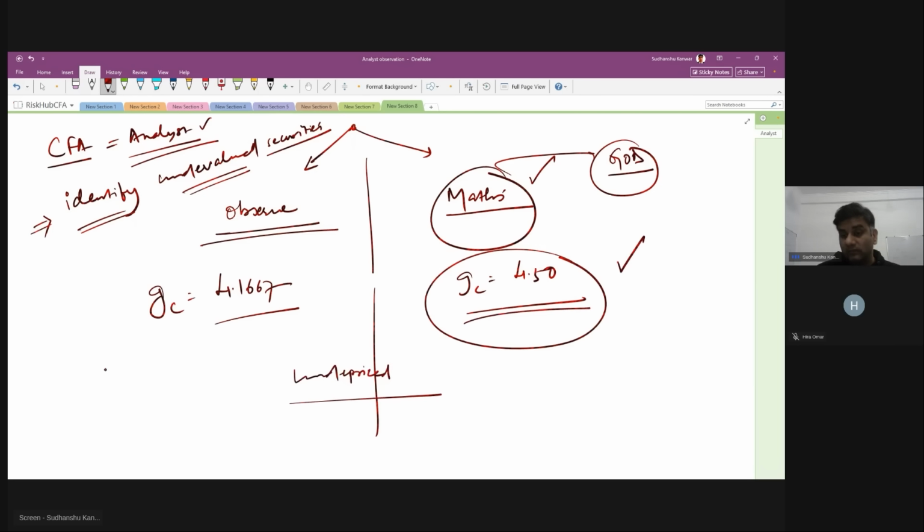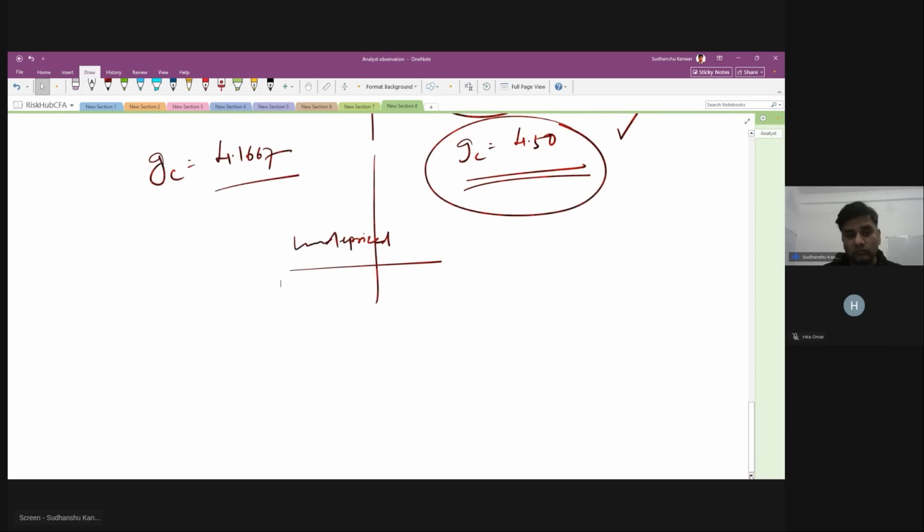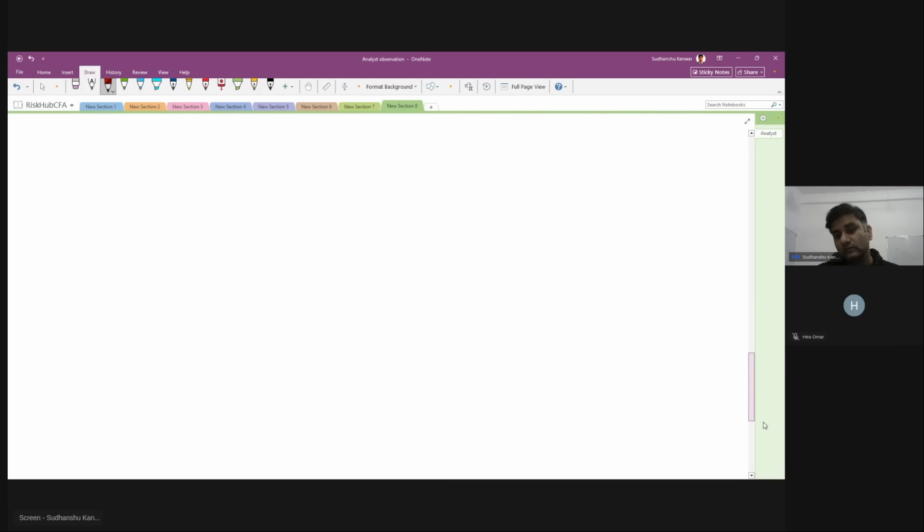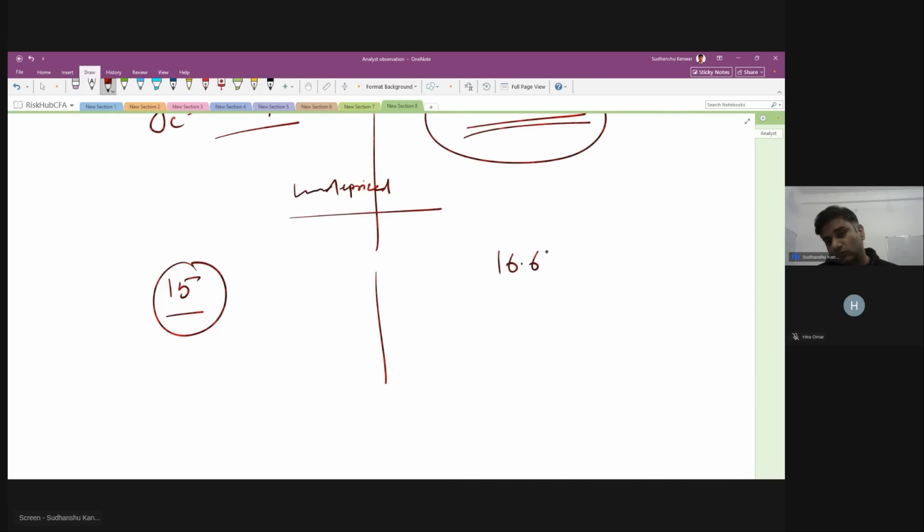If you look at your forward price to earnings, the market was showing 15. Your maths was showing you 16.67, right? The market was saying that your next period forward price to earnings will be 15.